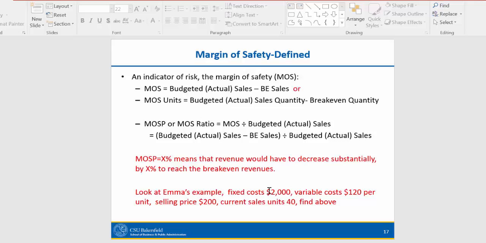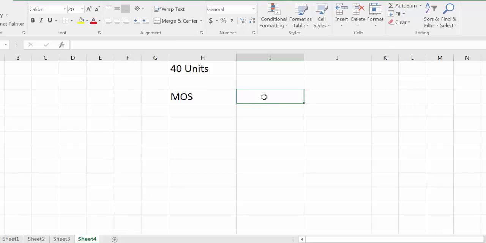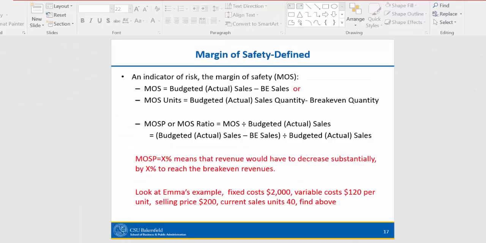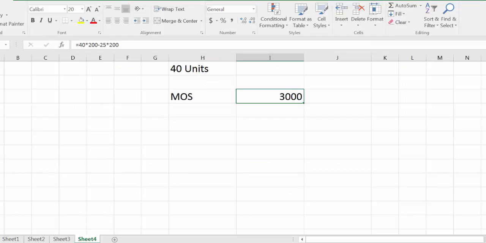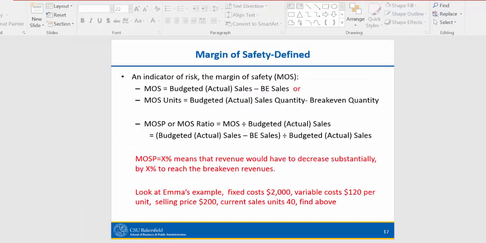For the MOS, we look at the budgeted sales, which is 40 multiplied by 200, then minus 25 times 200, where 25 is the break-even units. So the margin of safety is 3,000. That explains that Emma's current sales is 3,000 USD above the break-even sales.